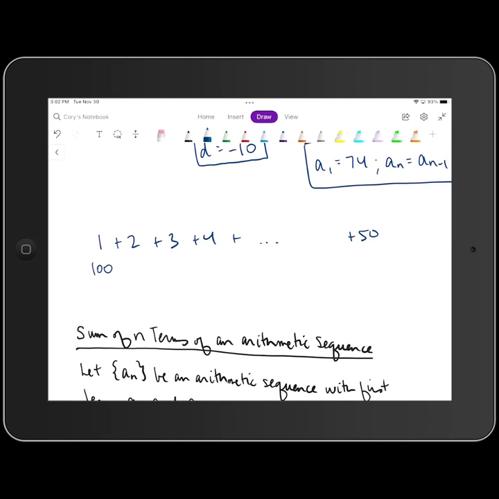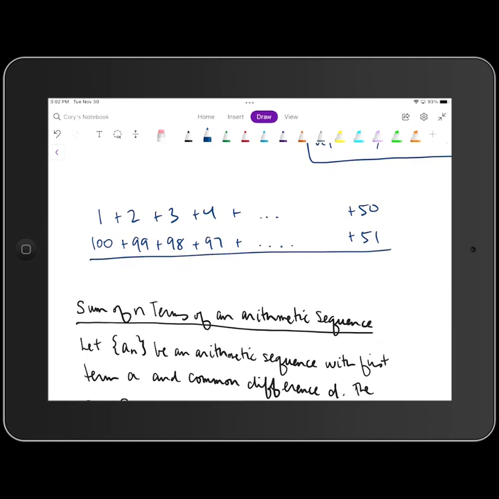So he took 100 plus 99 plus 98 plus 97 plus all the way down to 51. And added those numbers together and saw that when you add those two terms together, 100 plus 1 is 101, 99 plus 2 is 101, 98 plus 3 is 101, 97 plus 4 is 101, all the way down to 51 plus 50 is also 101.